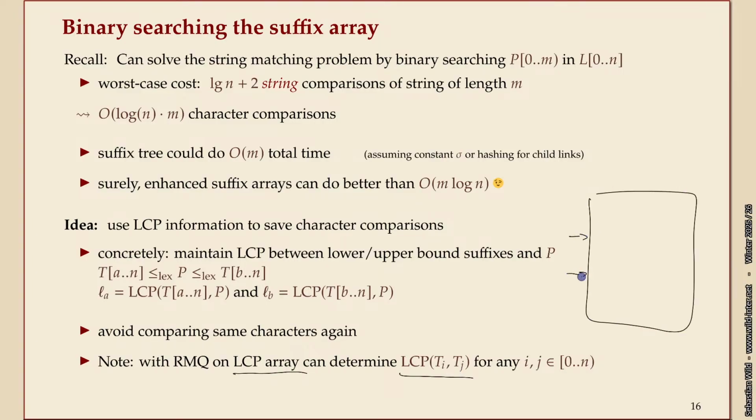And the answer is precisely the range min query of the LCP array in this range. The reason, graphically speaking, if there's some shared common part, it might look like this. The characters that are shared from top to bottom are those up until the last one on the shortest common prefix in all of those. So that's the minimum in the LCP array.